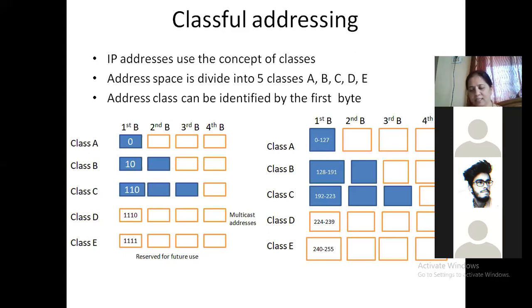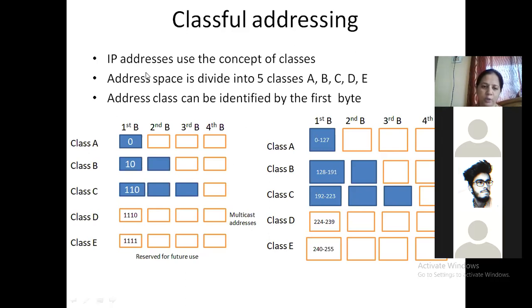The IP addresses that we have make use of a concept called classful addressing. In classful addressing, the complete address space is divided into 5 classes, namely A, B, C, D, and E. Which class your IP address belongs to can be identified by the first byte.